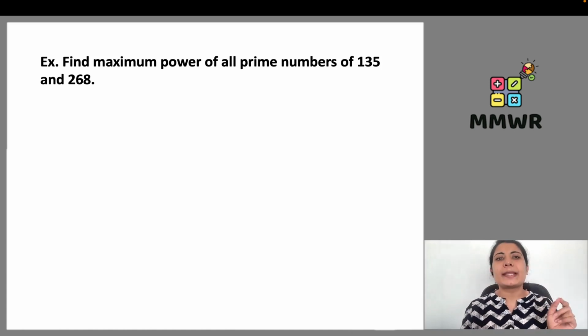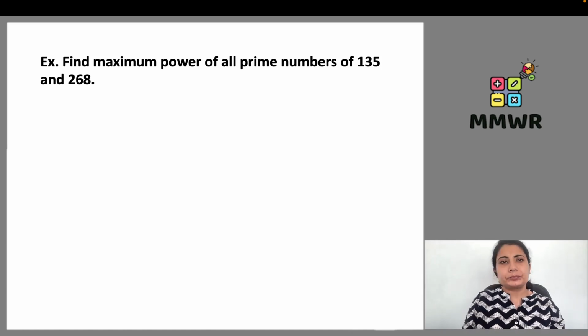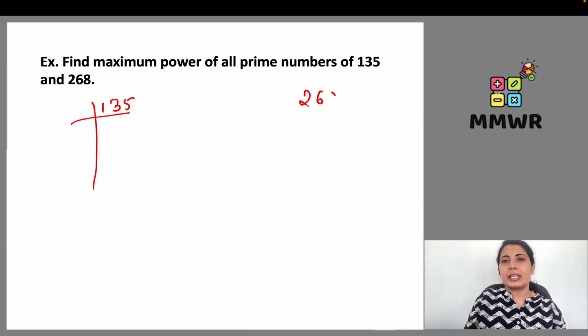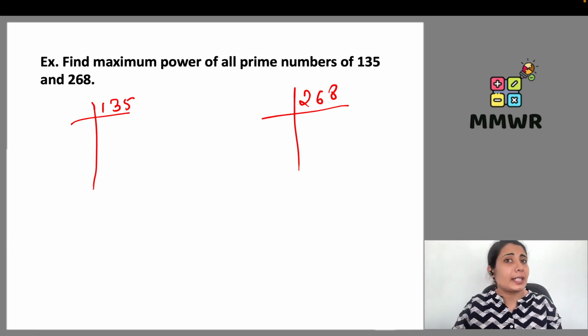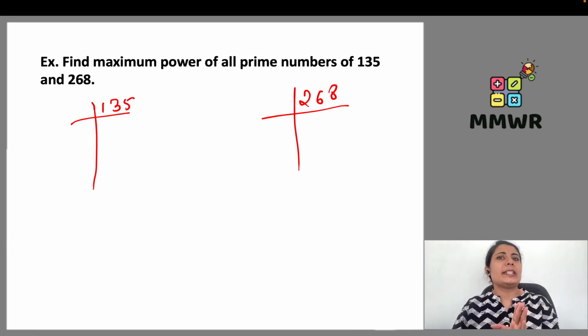Okay, so find the maximum power of all prime numbers by whichever this 135 is divisible. So 135 we will factorize, and 268 also we will factorize, so that we will get an idea about how many times it will be divisible by 2.